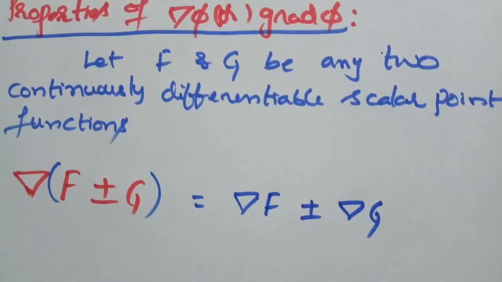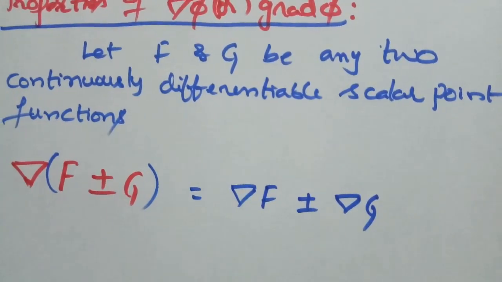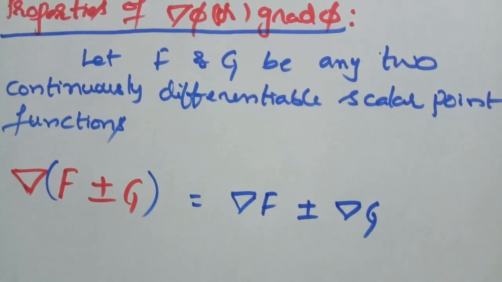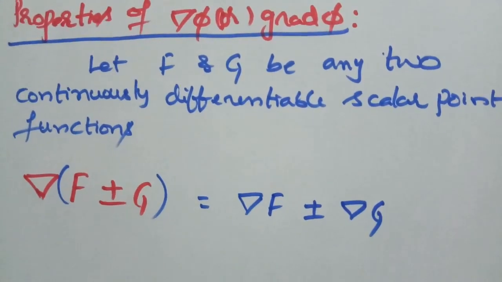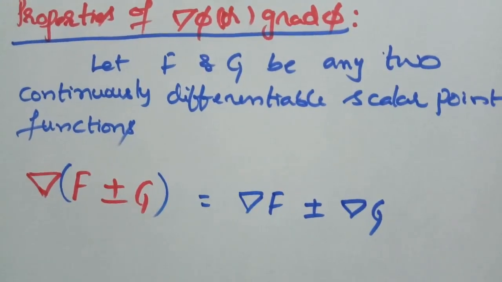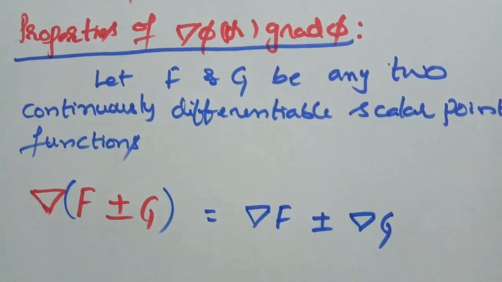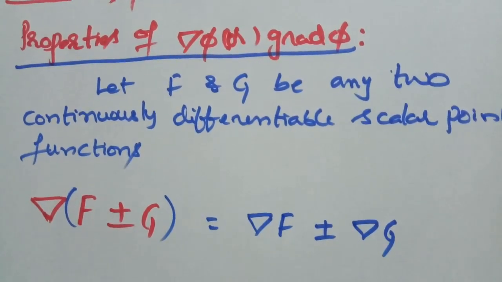Dou by dou x of f of x plus g of x is equal to dou by dou x of f of x plus dou by dou x of g of x.